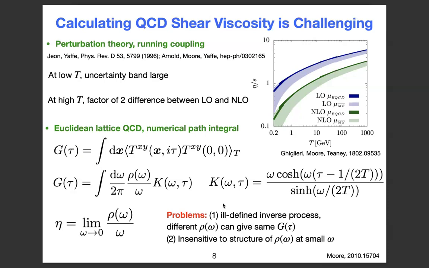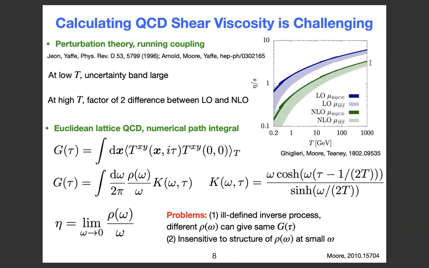This was actually initiated by Shu-Yang Chuang and Larry Yaffe at the University of Washington in 1996. And in this plot, I show you the most updated calculation in QCD. First, let's look at a very high temperature, like 1 TeV. When we change the calculation from leading order to next-to-leading order, we still see roughly a factor of 2 change there.